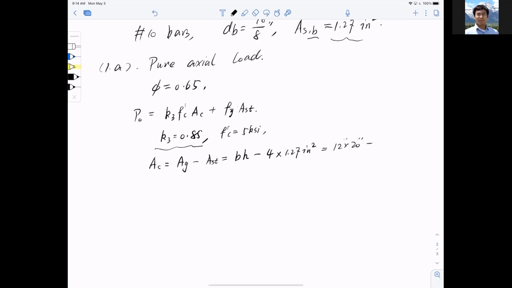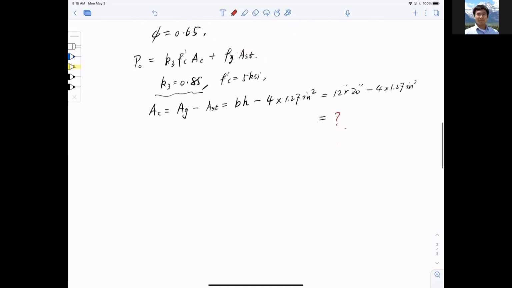So this is the total area of Ac. I'm going to leave this out so you can fill it in, as an exercise, so follow it through. Now you have Ac. Ast is just the bars, so Ast equals 4 multiplied by 1.27 inch squared. Again, I'll leave it out for you to fill in.